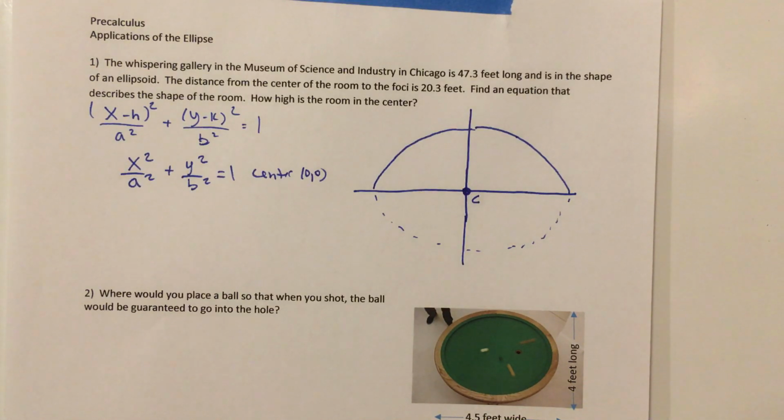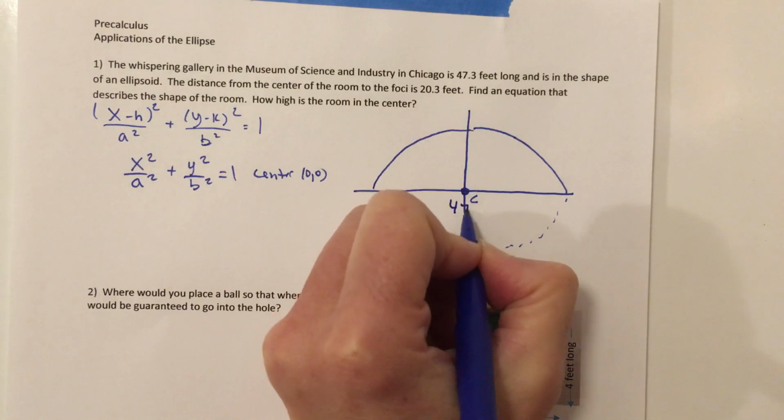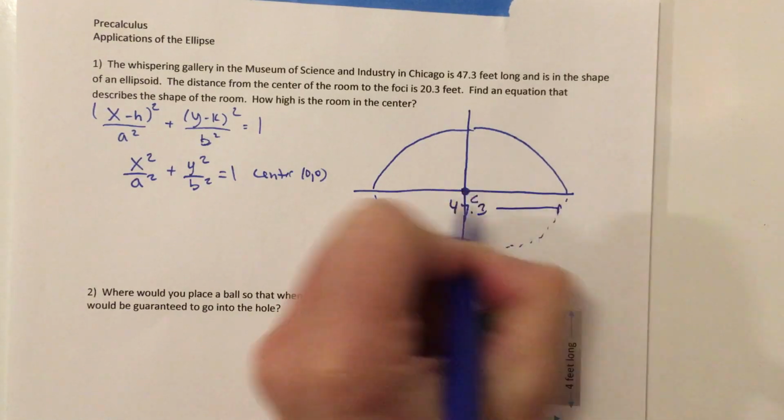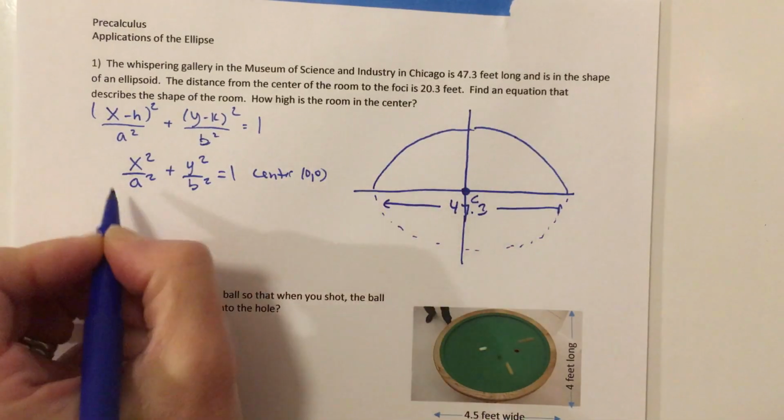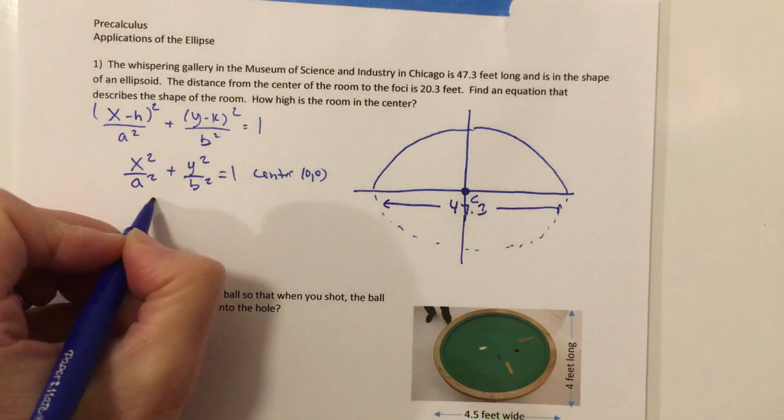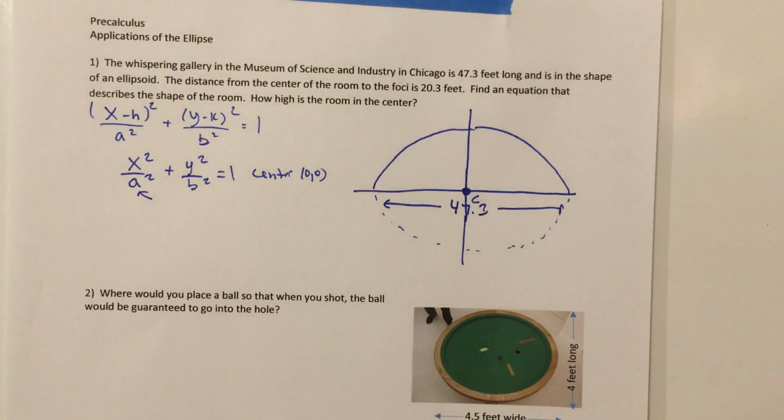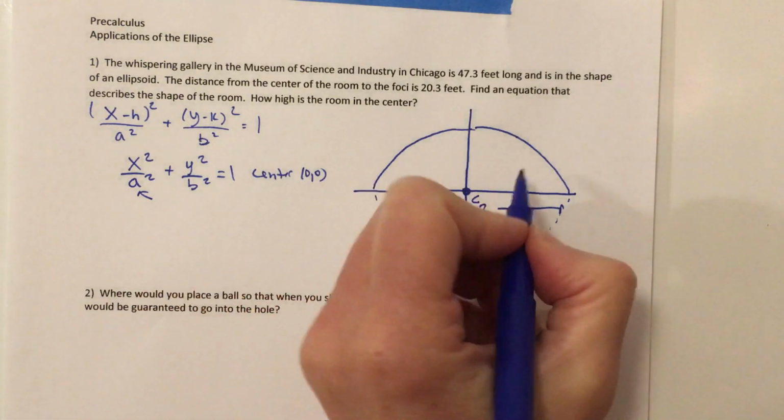Okay, so it says the Whispering Gallery in Chicago is 47.3 feet long, and is in the shape of an ellipsoid. So the 47.3 goes all the way from end to end. In the equation, the number underneath the x is the distance from the center to a vertex.